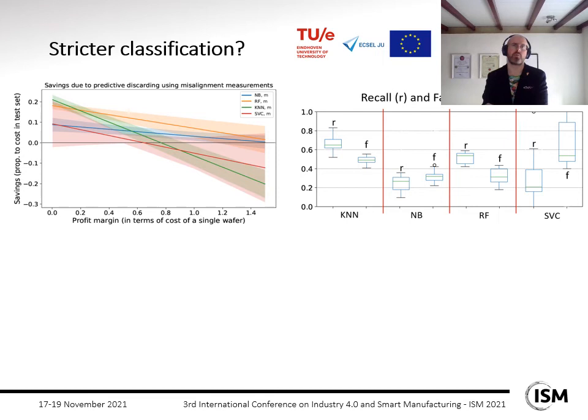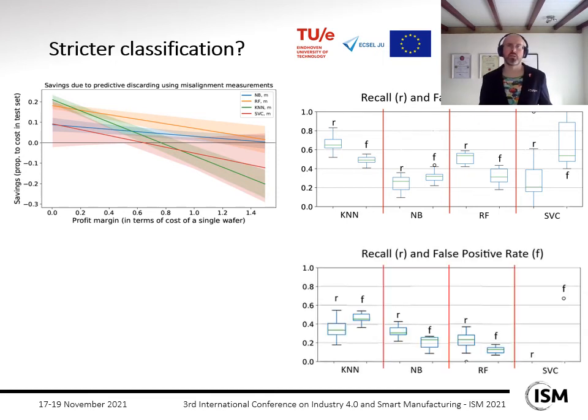If we look at, for instance, the false positive rates and the recall for the wafers of which the model is 70% or more certain that they will not reach the end product quality, we get different results. You see that the recall is lower, but in general also the false positive rate is lower. Except for the support vector classification, which was never very certain at all about any of its classifications.